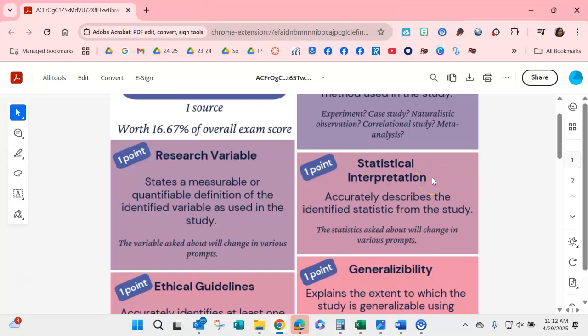There are a few options on statistics, and I didn't make a list today, but I'll try to make a list whenever we practice these again. But things like, what does the mean mean? What is median, mode, range, standard deviation, statistical significance, normal distribution? Those are statistical things they could ask you about, and you have to say what they mean in relation to this study.